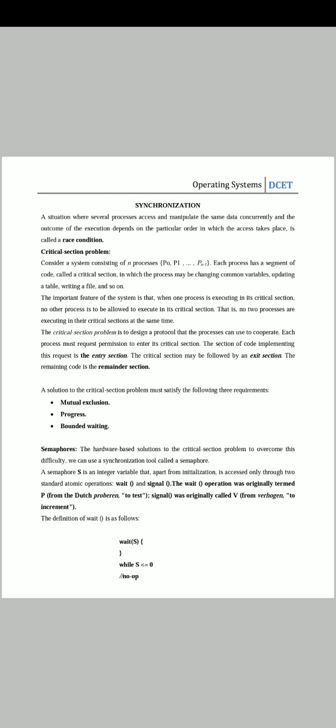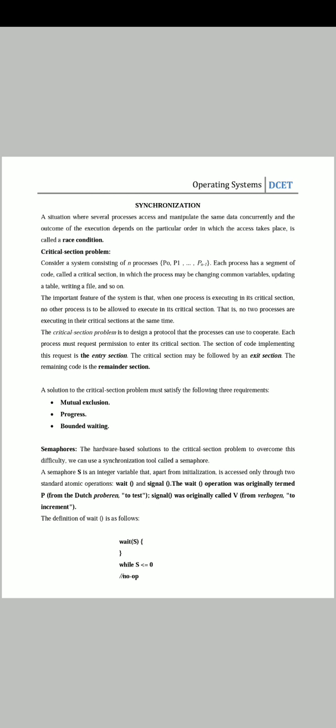The concept of process synchronization begins with a race condition. A race condition is a situation where several processes access and manipulate the same data concurrently, and the outcome of execution depends on the particular order in which the access takes place. In any operating system, there can be a number of processes. Each process can try to access particular data and try to manipulate that data concurrently.